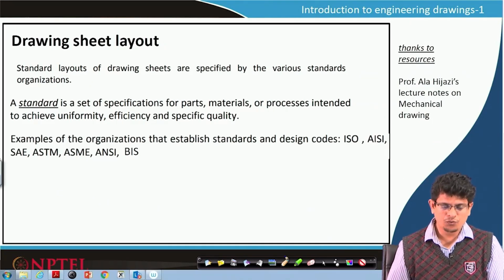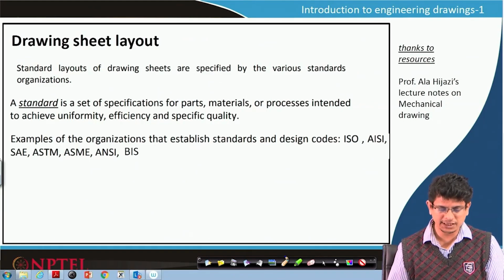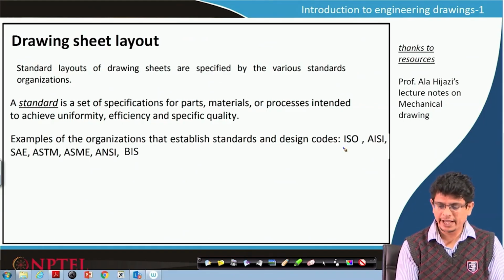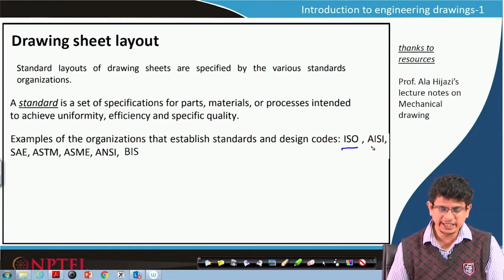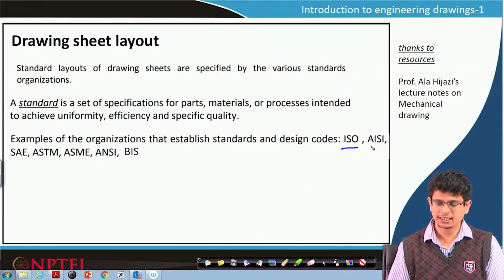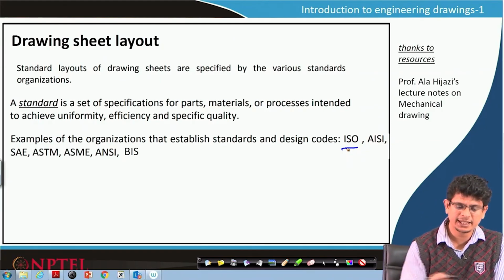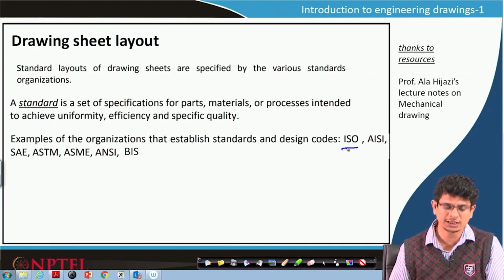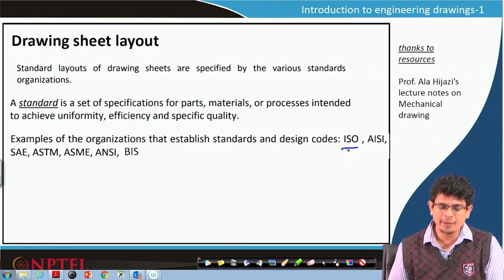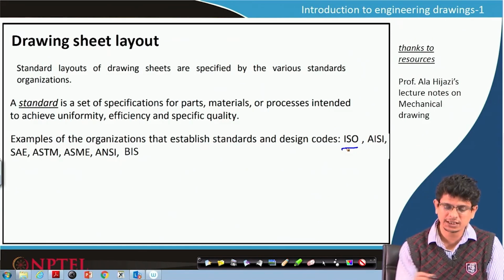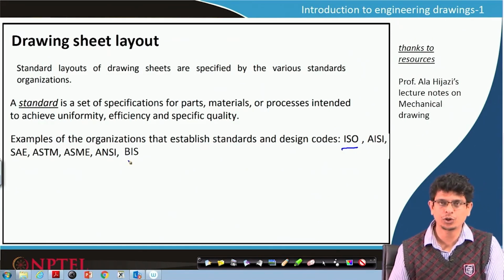Examples of standard organizations are ISO, IEC, SAE, ASTM, ASME, ANSI and BIS. ISO is International Standards, SAE is Society of Automotive Engineers, ASME is American Society of Mechanical Engineers and BIS is Bureau of Indian Standards.